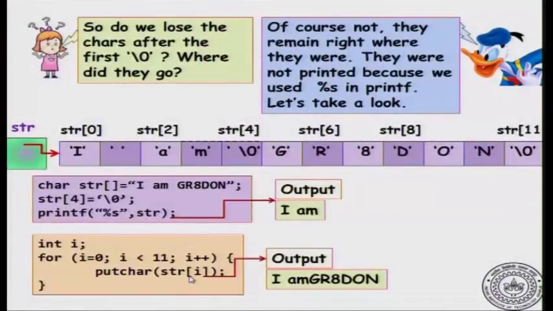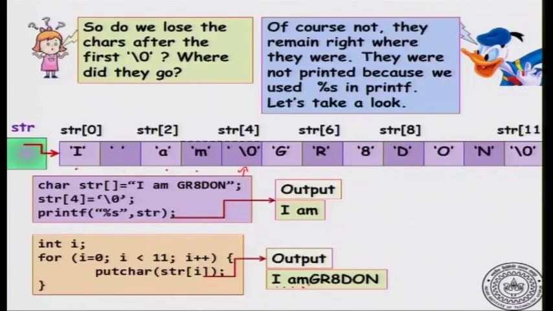If you run this, what you will see is it will print the first character, which is I, then the second character, which is space, then the third character, which is a. So, these are printed as they are, and then m, and the fifth is a null character.